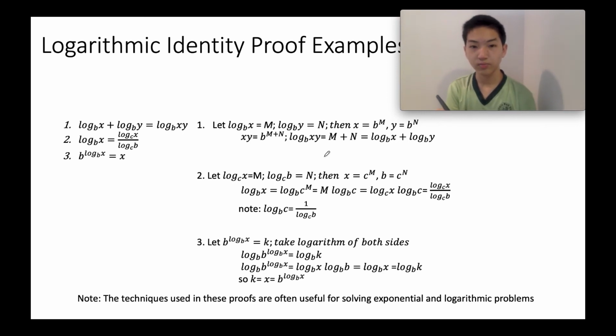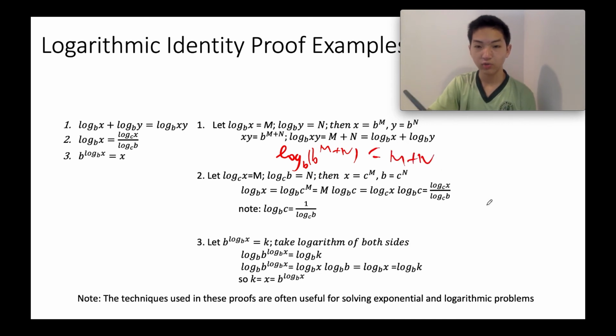and we know this because, well, that's just because there's a step in between where we could replace xy with b to the m plus n. And then we know that we could just move m plus n over.